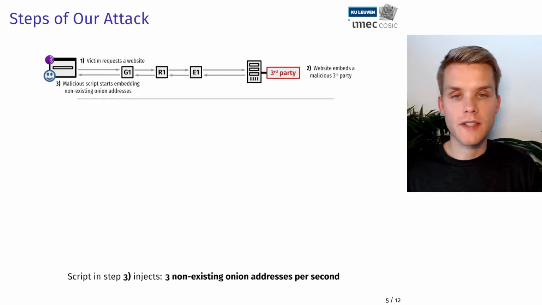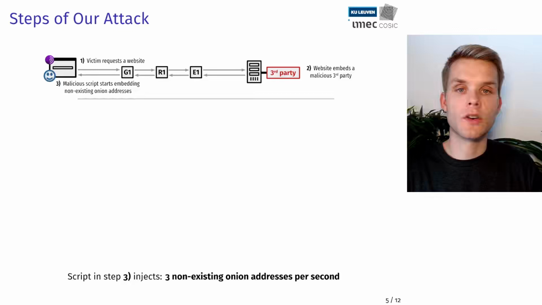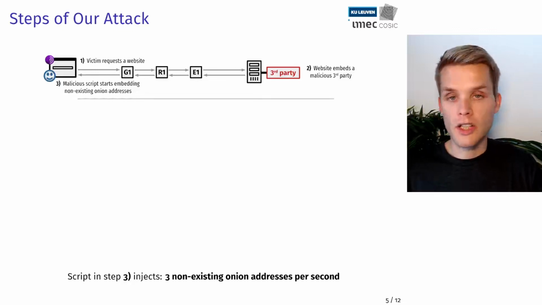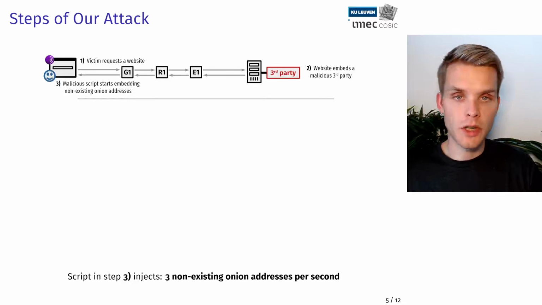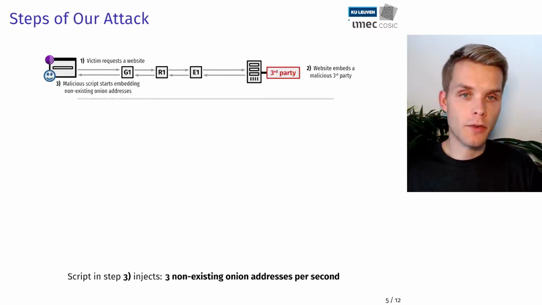In step 3, you can see how when the user receives the response from the web server, this malicious script, being part of the response, starts embedding non-existing Onion service addresses into the web page. Through a large number of live Tor network experiments, we determined that embedding at the rate of 3 non-existing Onion service addresses per second results in the highest overall number of lookups done by clients.